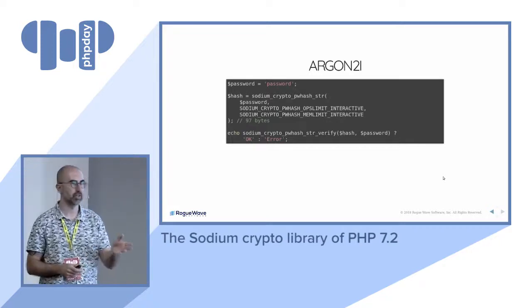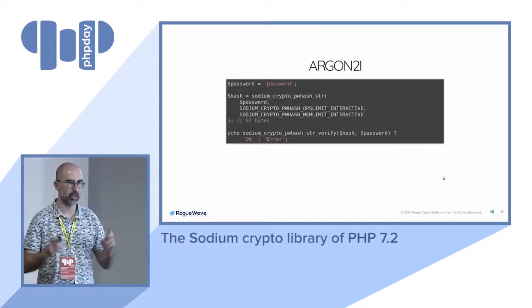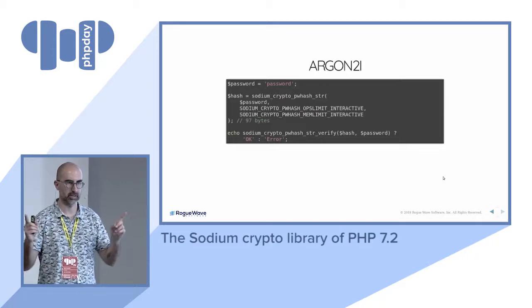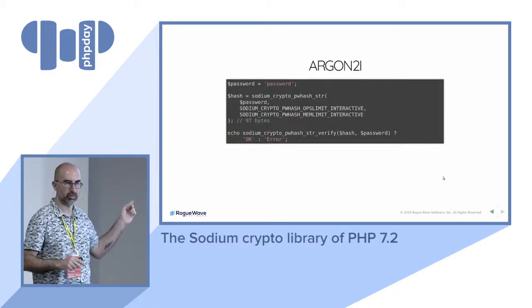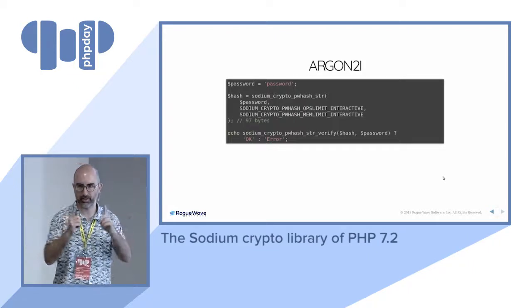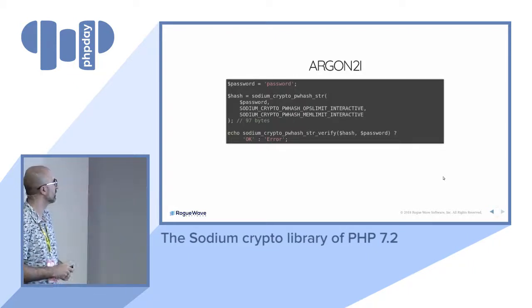If you are using the decrypt algorithm, the output is 60 bytes. So if you want to switch to Argon2, be sure that the size is the correct one. If you want to verify the hash, there is the str verify function, with the hash and the password itself. Very, very simple.